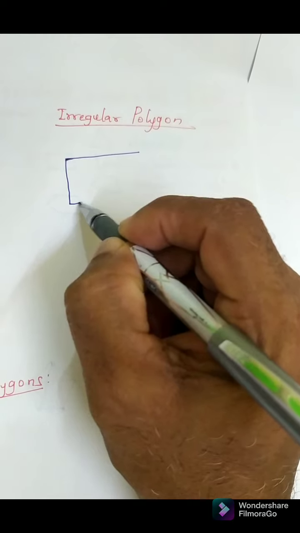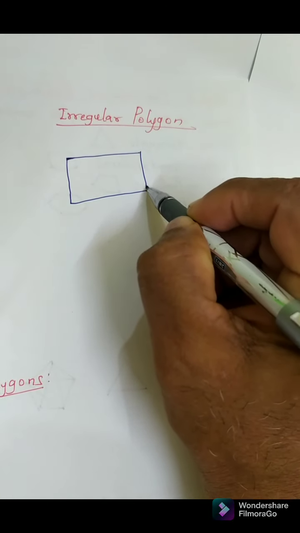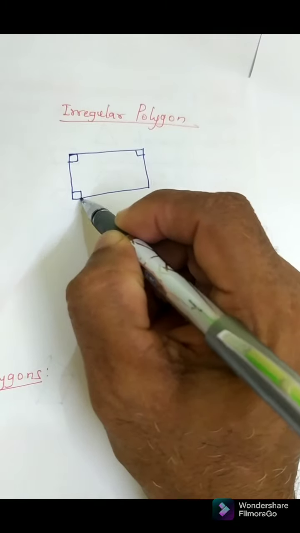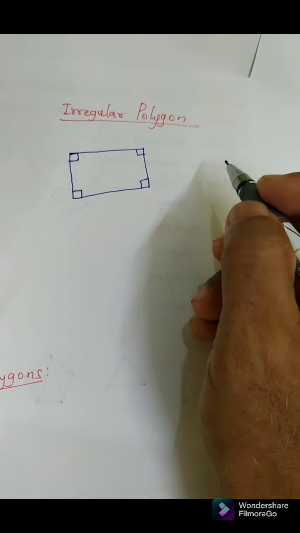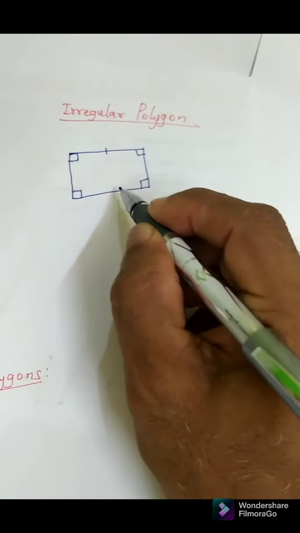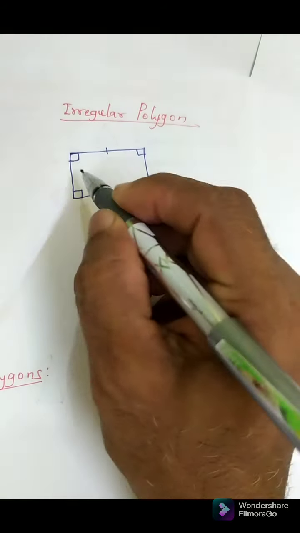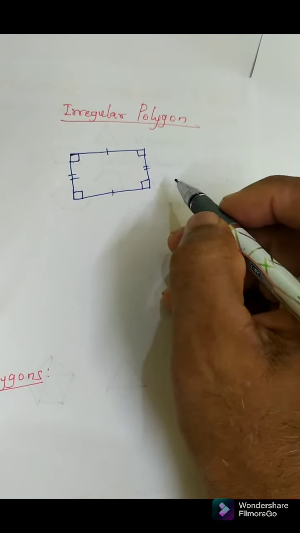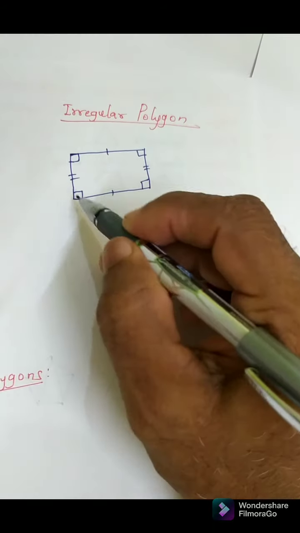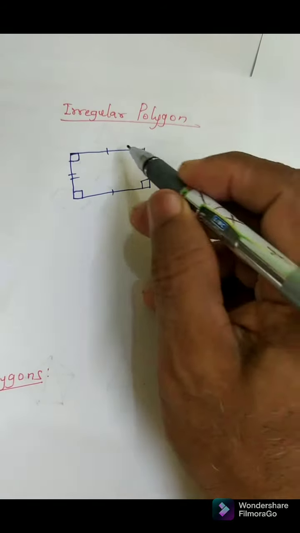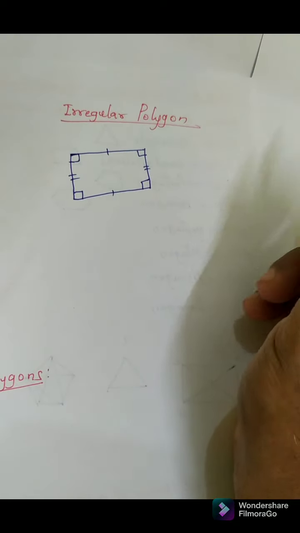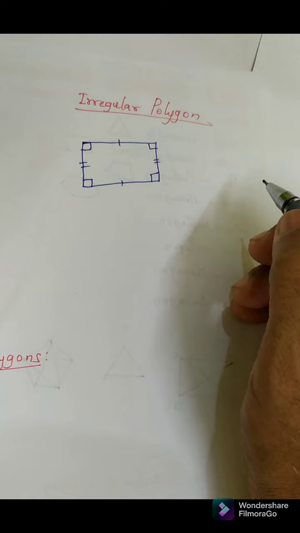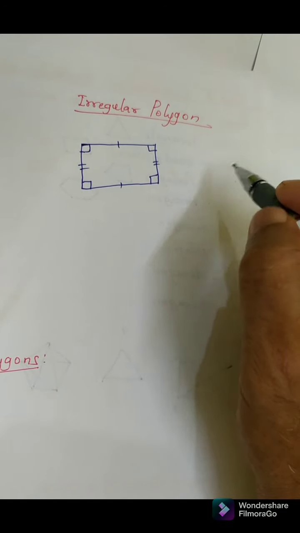This is a rectangle. We know all the angles are 90 degrees, but the length is equal to this length, and this breadth is equal to this breadth. So although the four angles are equal, the sides are not equal. So this is an irregular polygon.